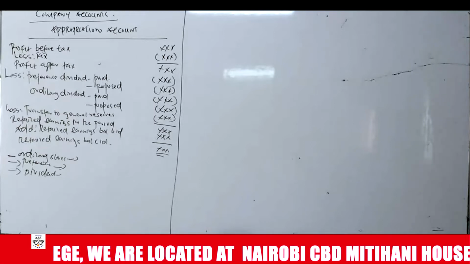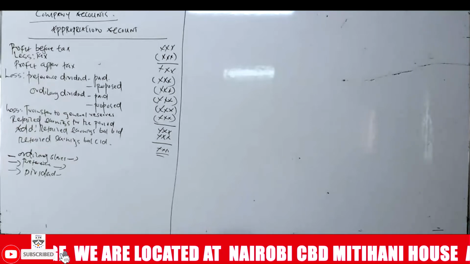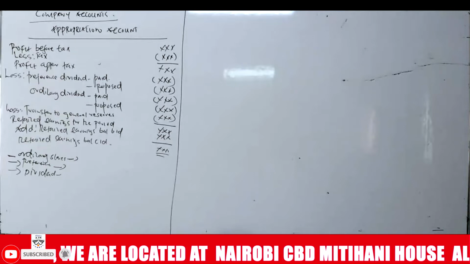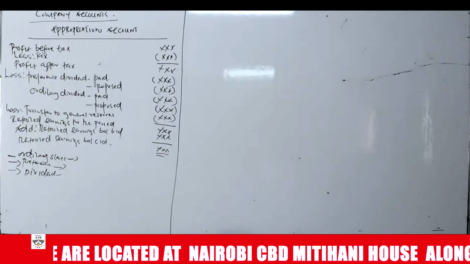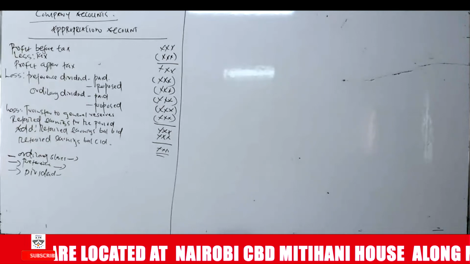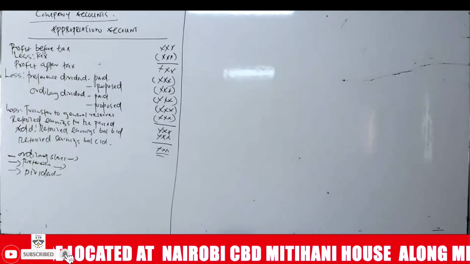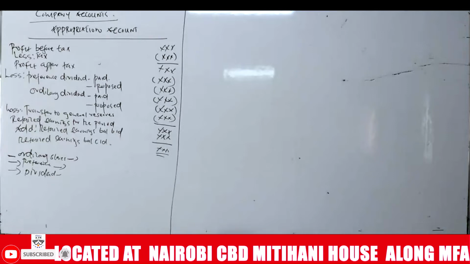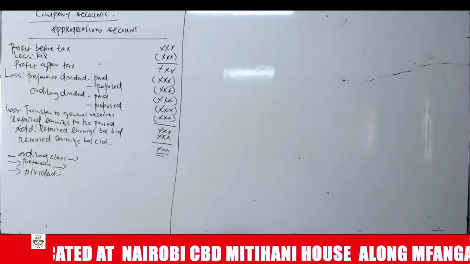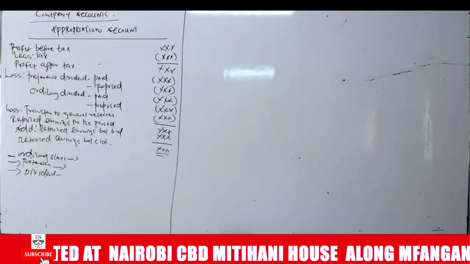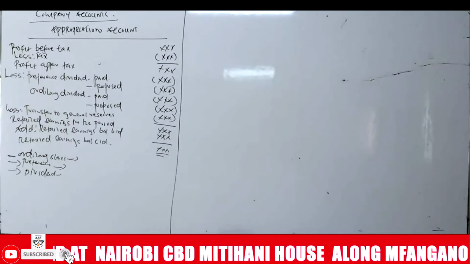The following trial balance was extracted from the books of Nightshade Limited as of 30 September 2017. So we have the trial balance given, and then we have additional information. Number 1, goods costing 710,000 purchased on credit on 29 September 2017 were in transit and therefore had not been entered in the books by close of business on 30 September 2017.